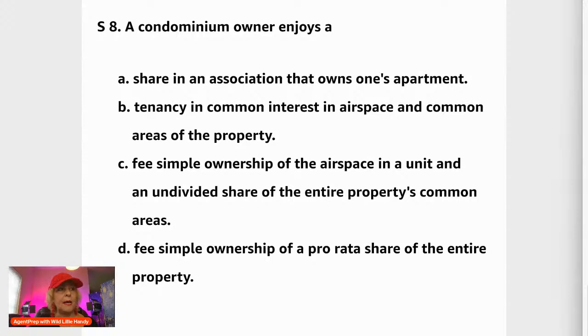No, it is not B. Okay, it says a condominium owner. So it doesn't say plural owners. Okay, so it is not 2 or more. That's what makes it tenancy in common. This is not 2 or more. The answer here is C. Fee simple ownership of the airspace in a unit, so the whole condominium, and an undivided share of all the outside.